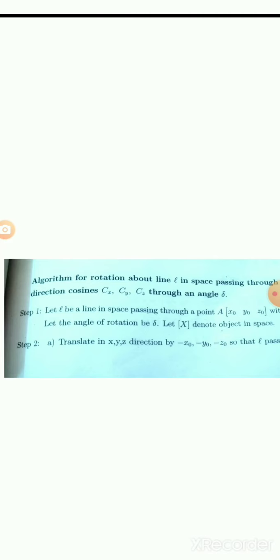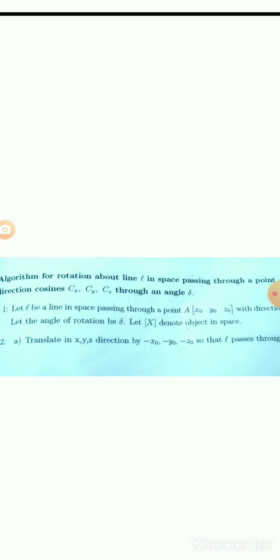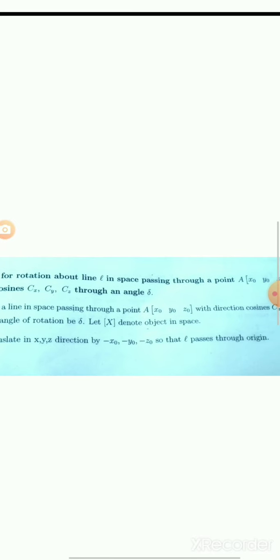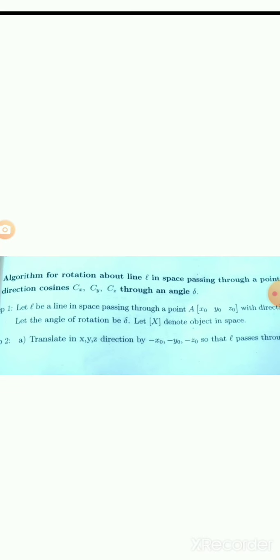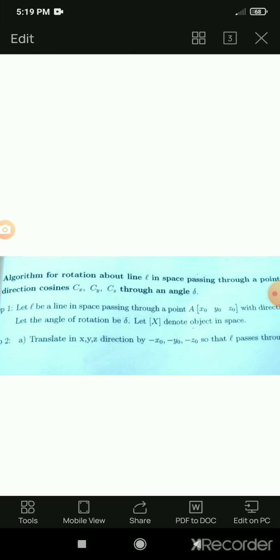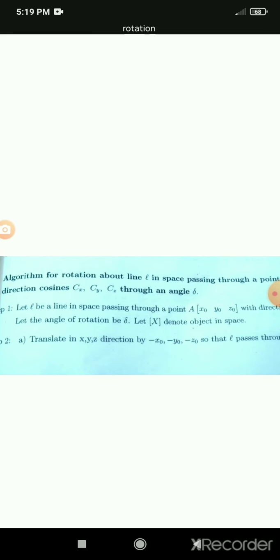So step first: let L be a line in space passing through a point A, where x0, y0, z0 are the coordinates of point A, with direction cosines cx, cy and cz. Let the angle of rotation be delta and X denote the object in space.